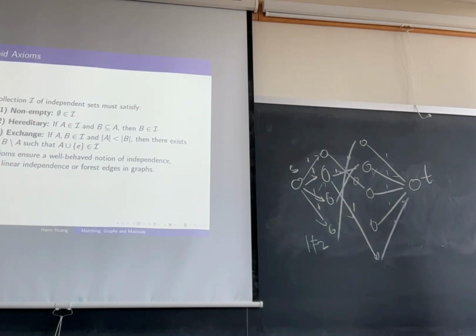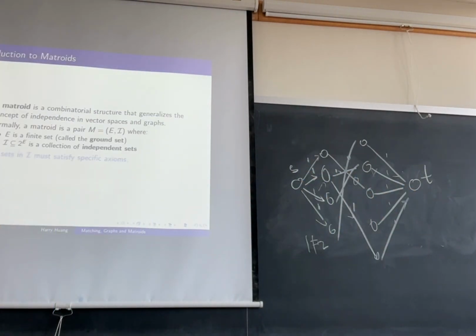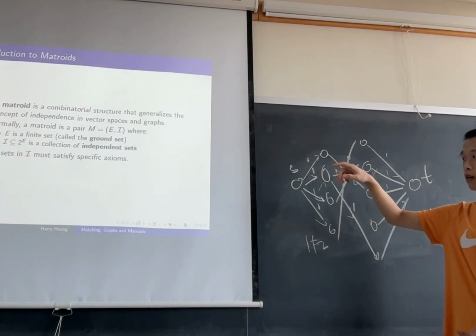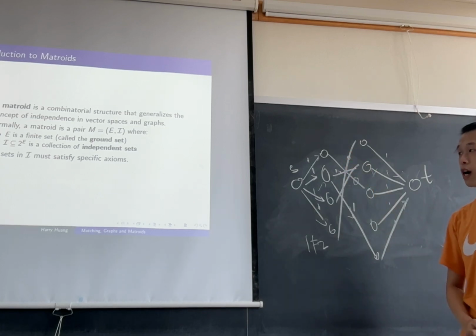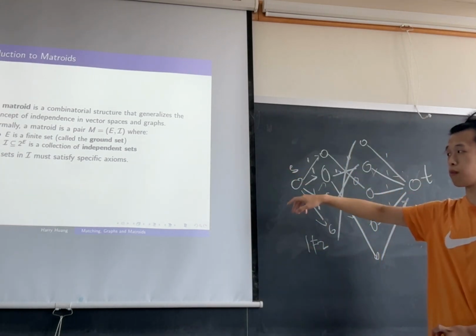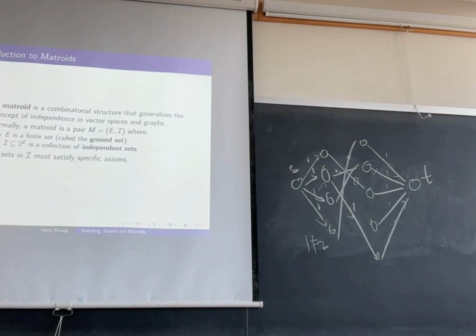Oh, sorry, I forgot to introduce the definition of independence here. For the collected subsets of the ground set in the second component called I, we call them independent. And the second component, we call it the independent sets.